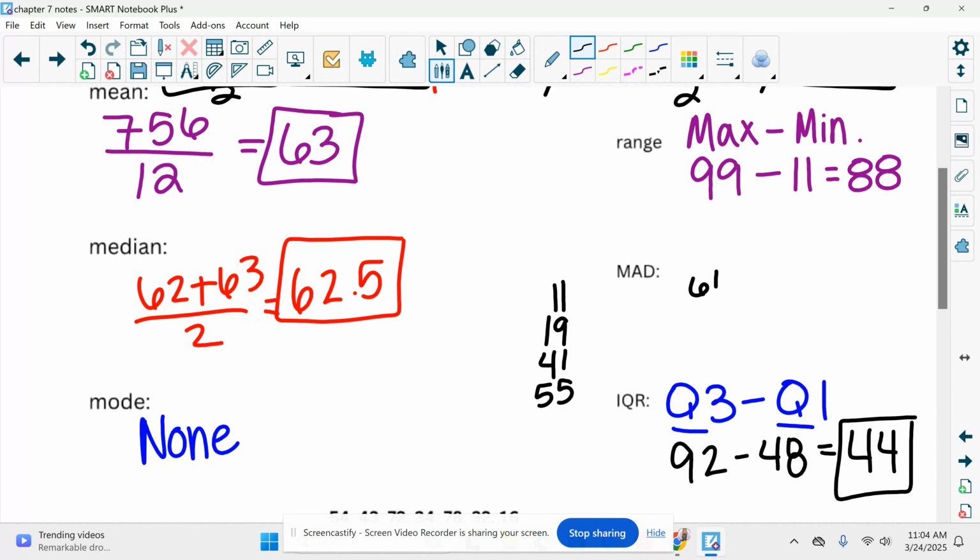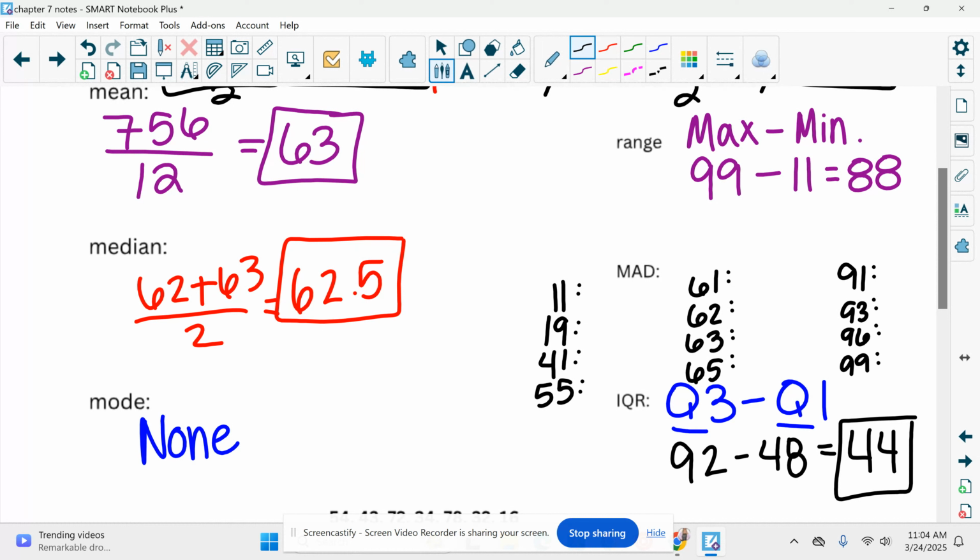I've got 61, 62, 63, 65. $91, $93, $96, $99. That step tells me I have to subtract the mean from each one of those. So I have to do subtraction 12 times.